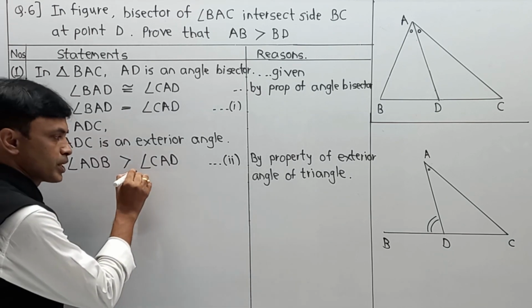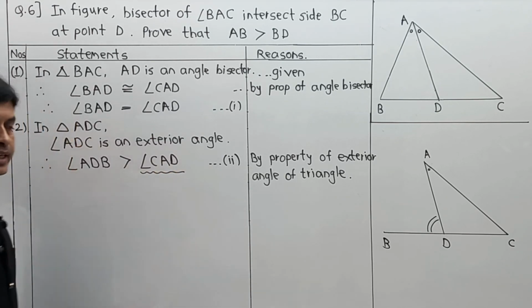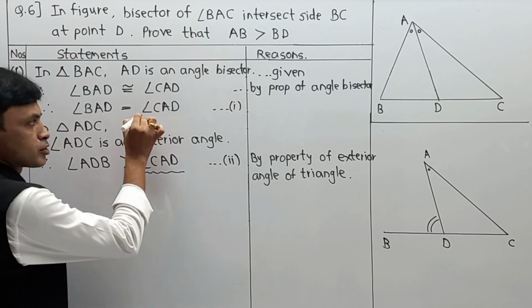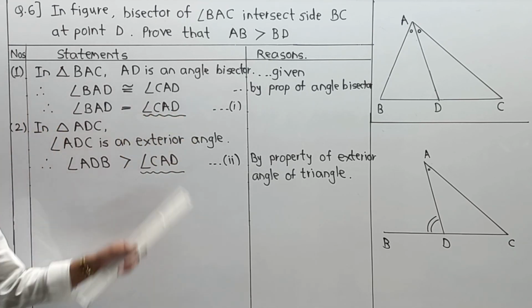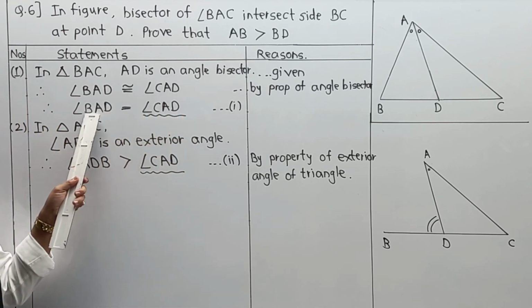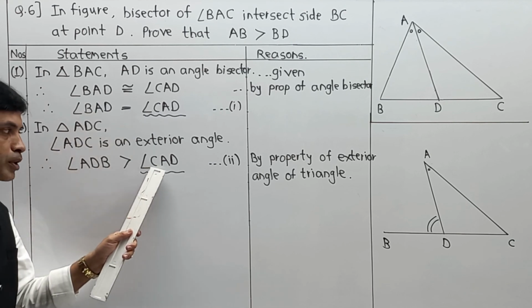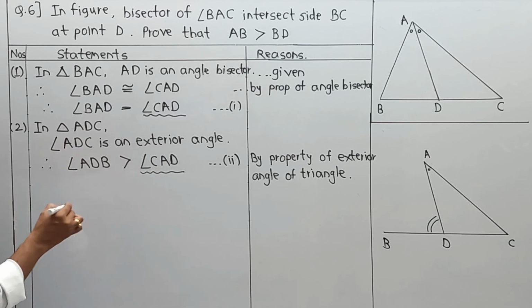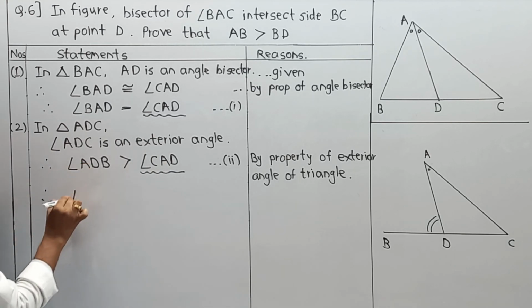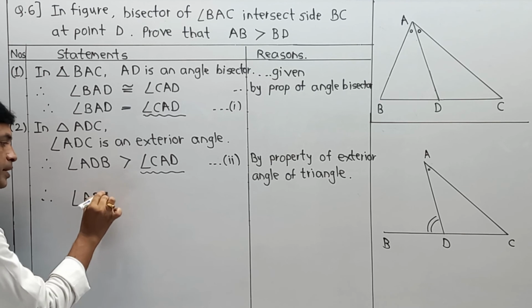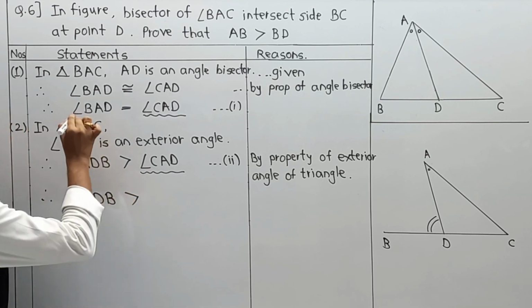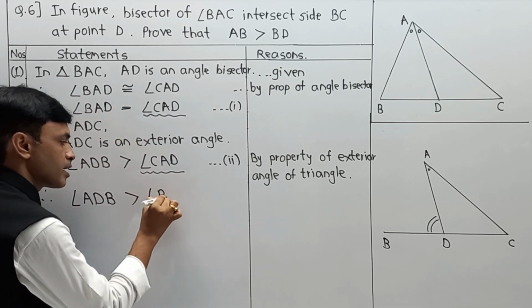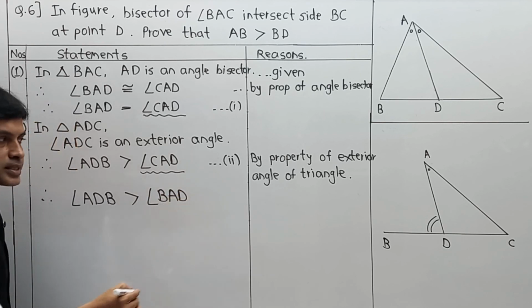But we have reference over here that this angle CAD is also available in equation 1, and this CAD is nothing but BAD. So here I am going to replace CAD by BAD. So the new conclusion will become angle ADB is greater than angle BAD, and this is a new equation.